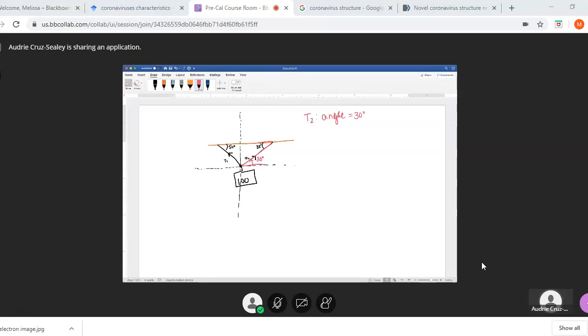Let me get a different color. What about T1? What is the angle from here to there? Close? 130. 130 degrees.